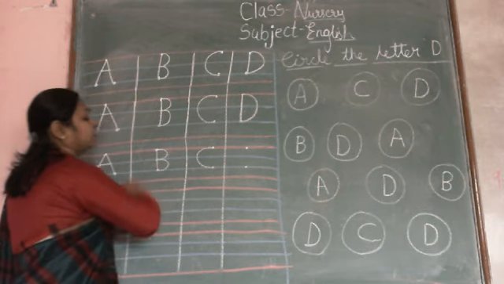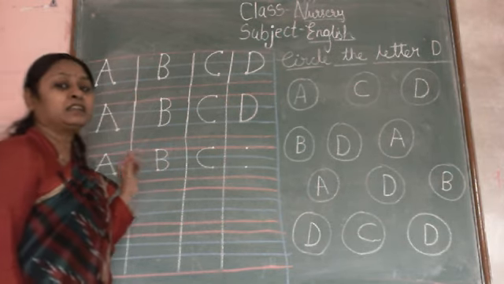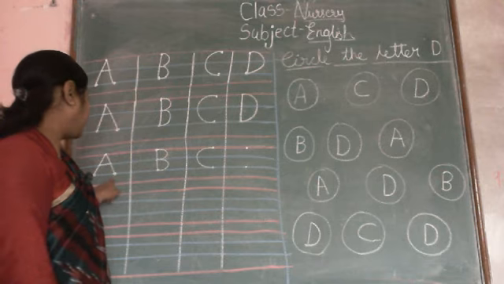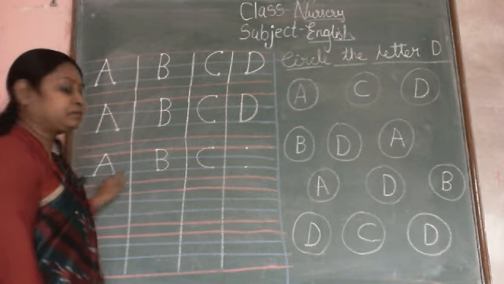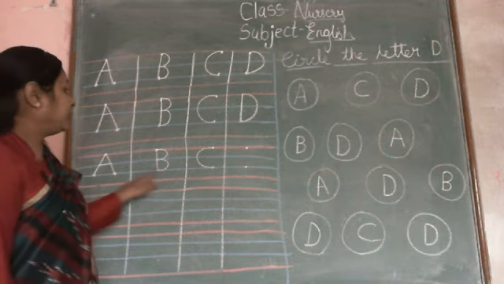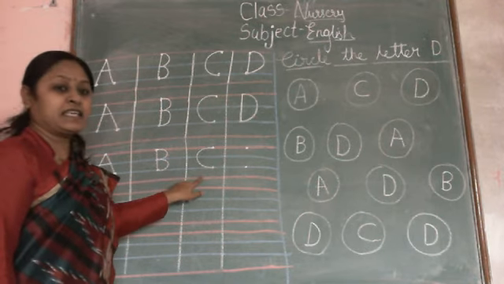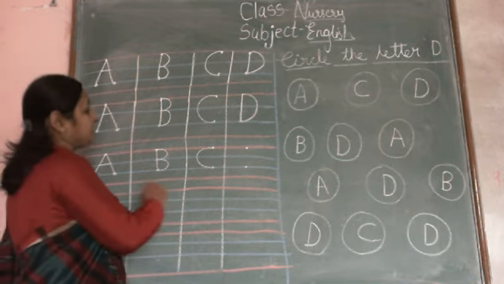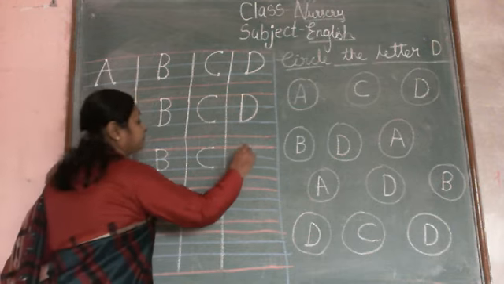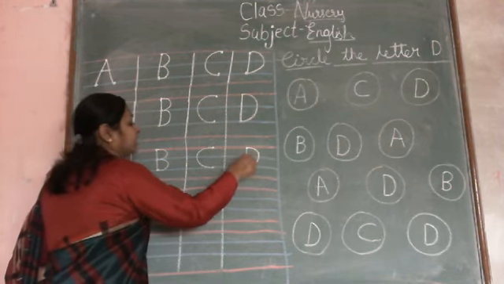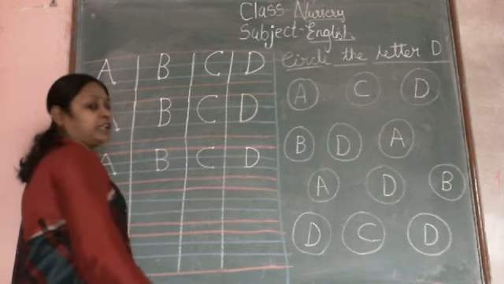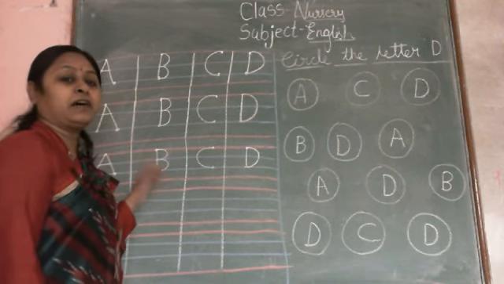Then curve, then curve. A, B, C. After C, which letter will come?